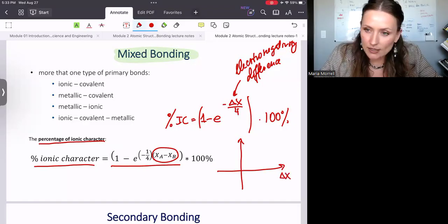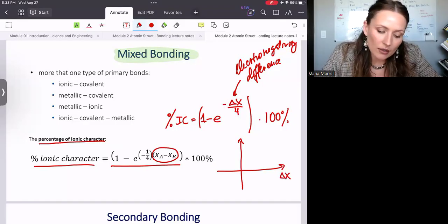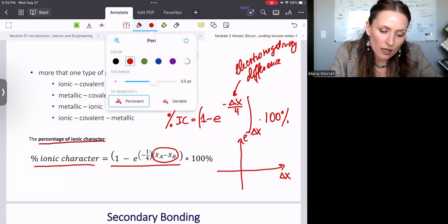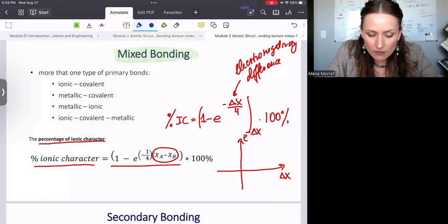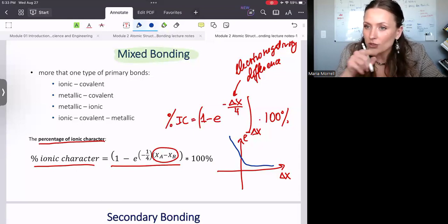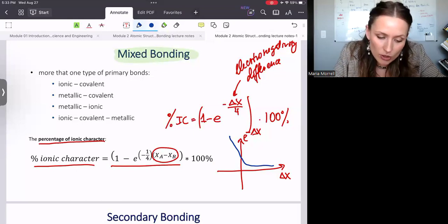Let me put my delta x in here, and this is going to be your e to the power of negative delta x. And if I am to draw it, it's going to look something like this, right? Okay, so this is what the graph is going to look like. Right now, I'm looking just at this.